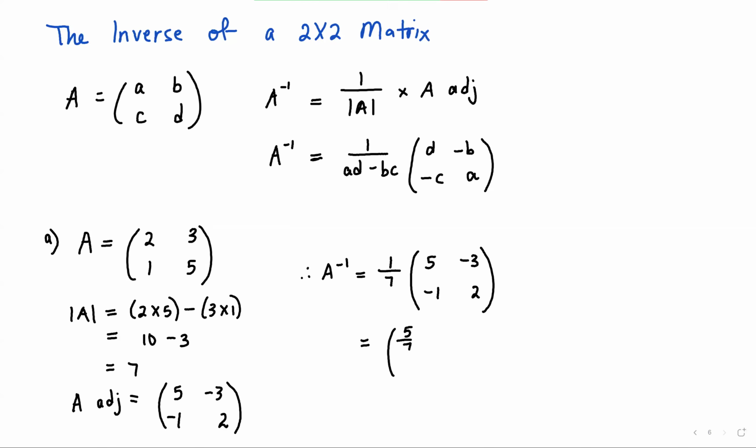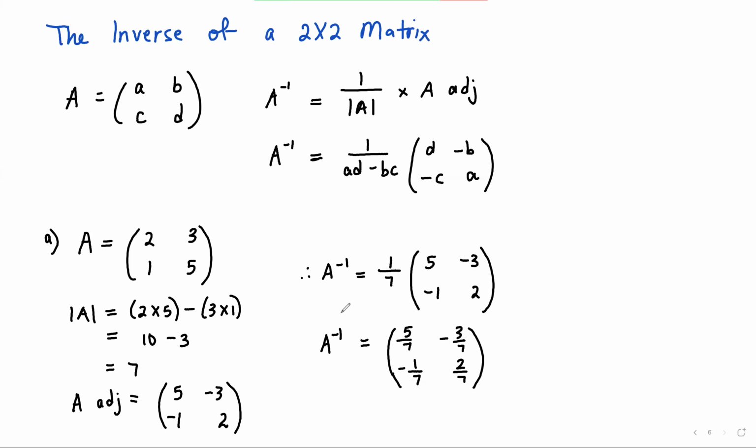Negative 3 times 1 over 7 will be negative 3 over 7. Negative 1 times 1 over 7 is negative 1 over 7. And then 2 times 1 over 7 will be 2 over 7. And this is your inverse, right?